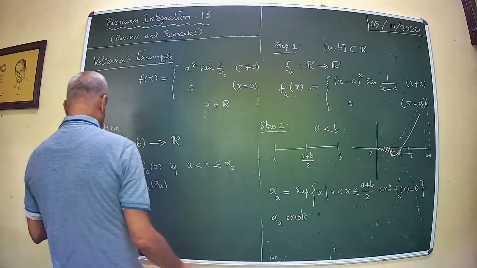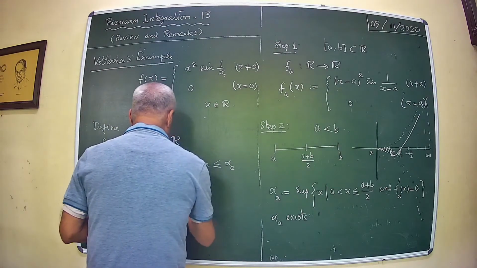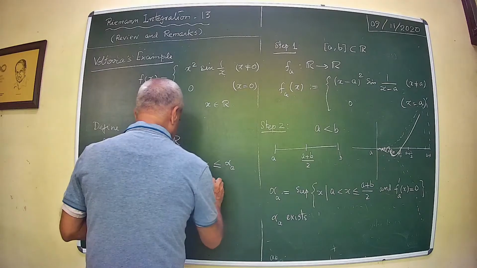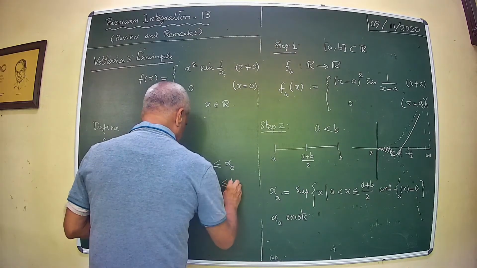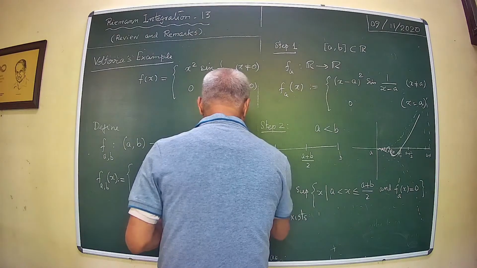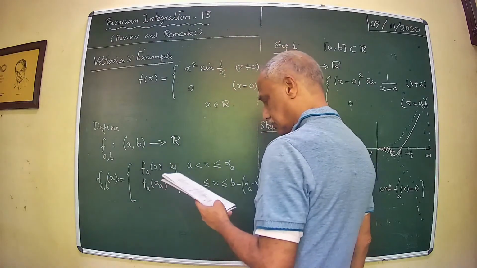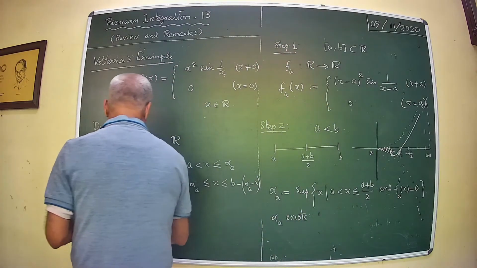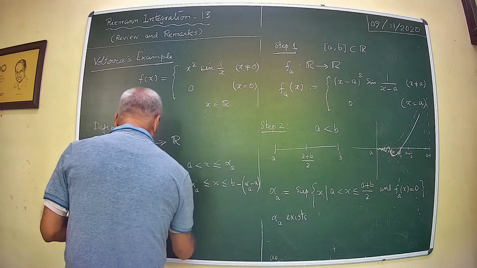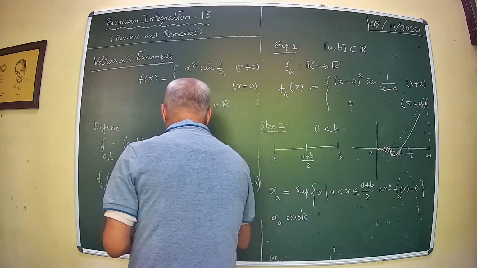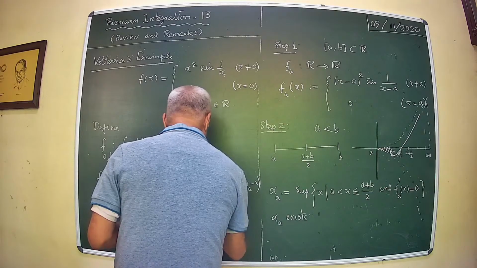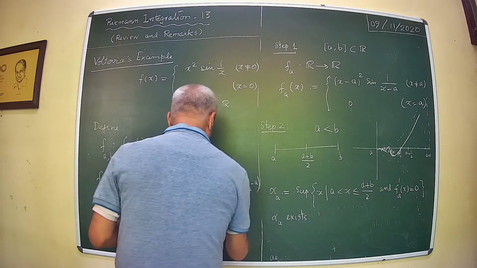It's a constant function if alpha a is less than or equal to x less than or equal to b minus alpha a, and then you extend this function as f a b plus a minus x if b minus alpha a minus a is less than or equal to x.